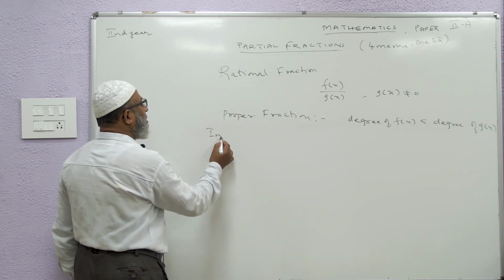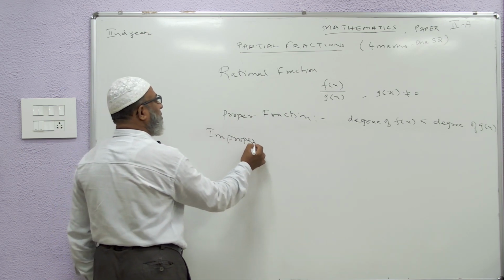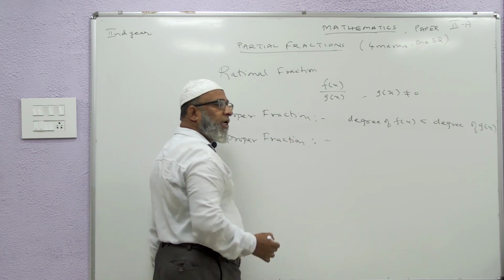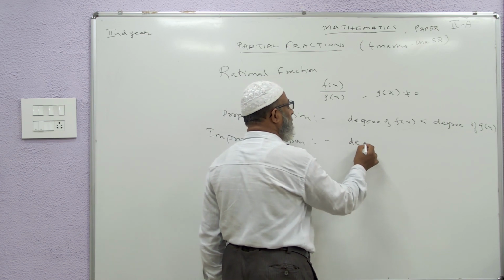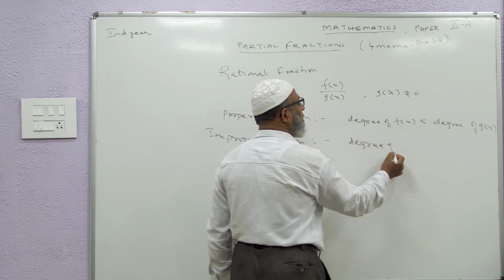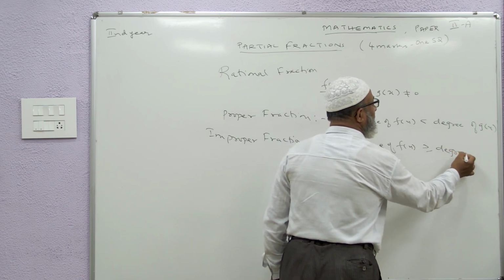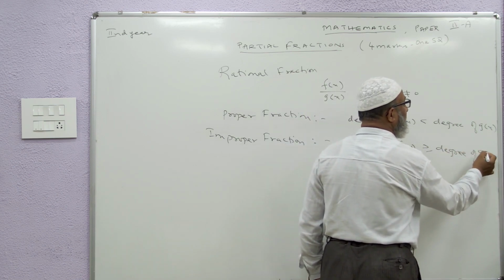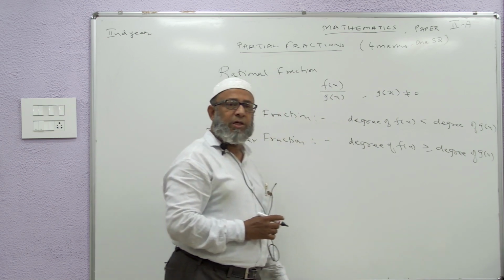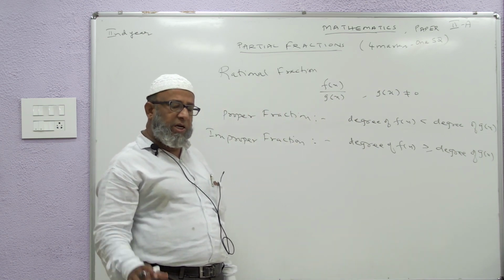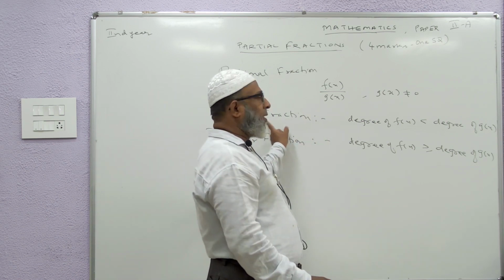And an improper fraction is one where the degree of f of x is greater than or equal to the degree of g of x. Basically, we concentrate only on proper fractions.